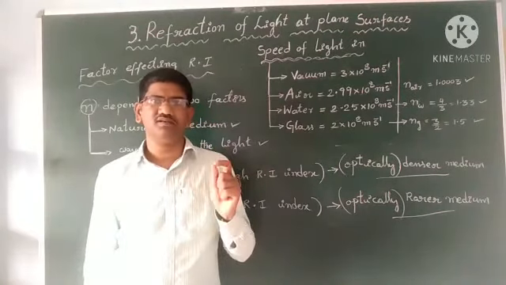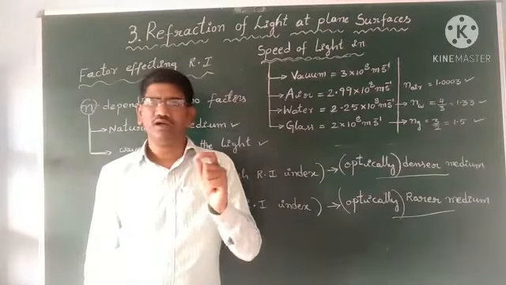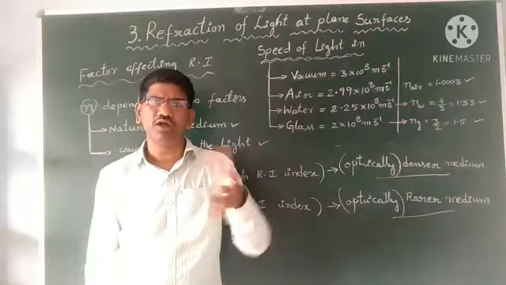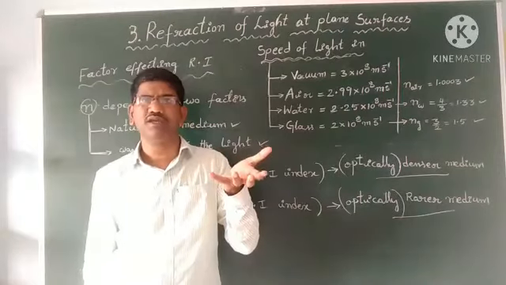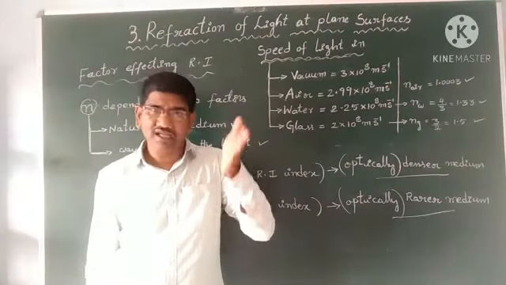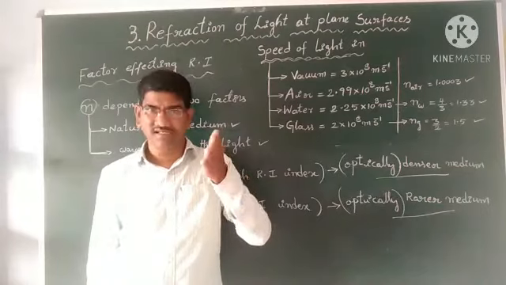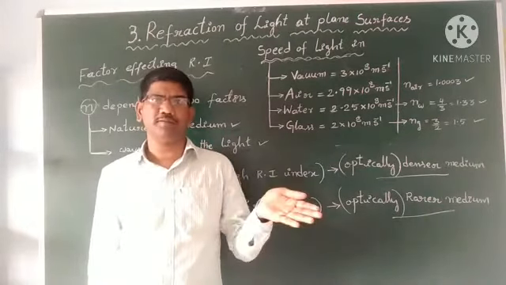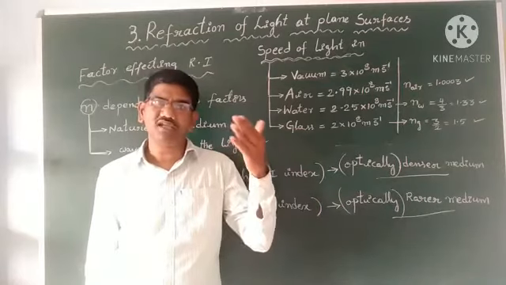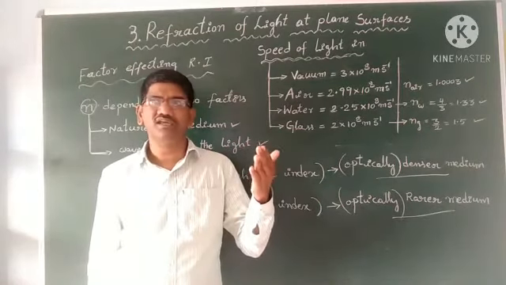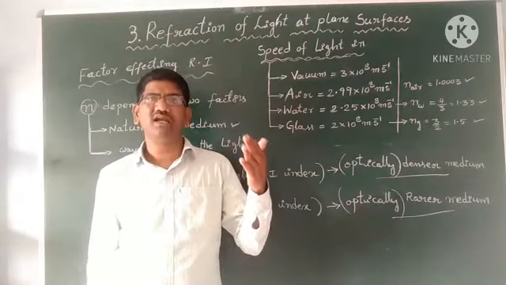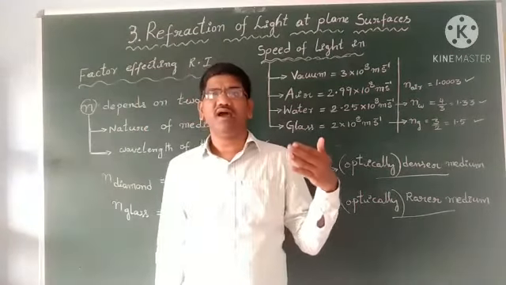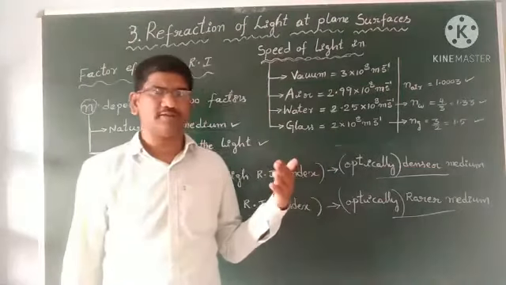Generally, when some drops of kerosene fall on water, it floats on the water. This means the general density of kerosene is less than the density of water. That's why it is floating on the water. But the optical density of kerosene is more than that of water.